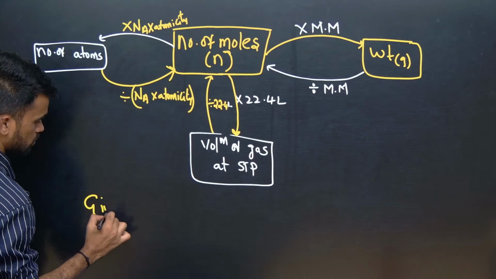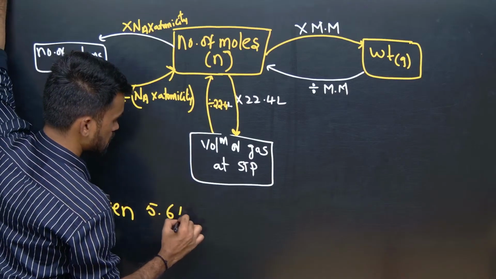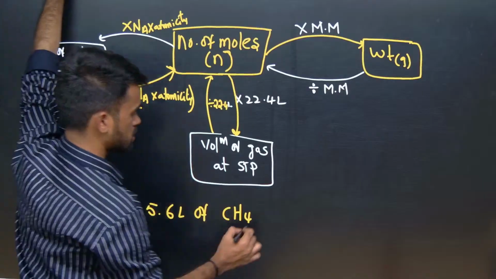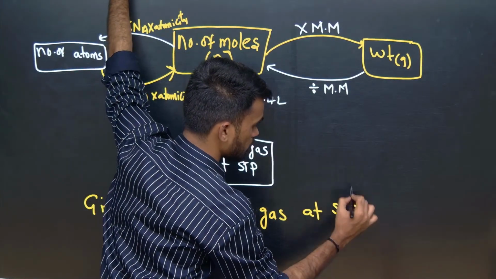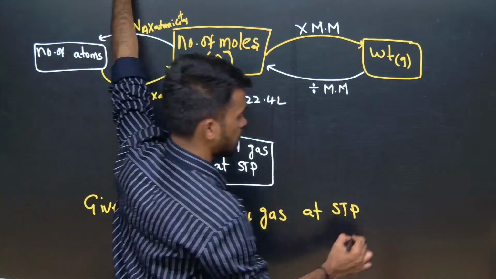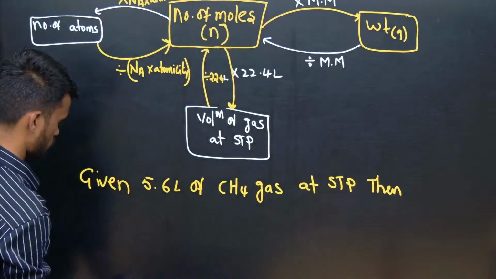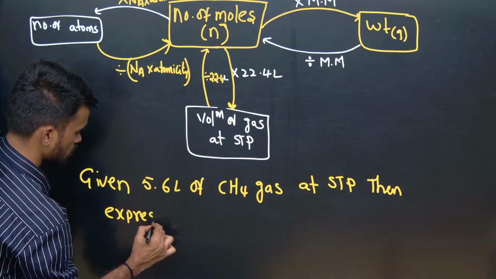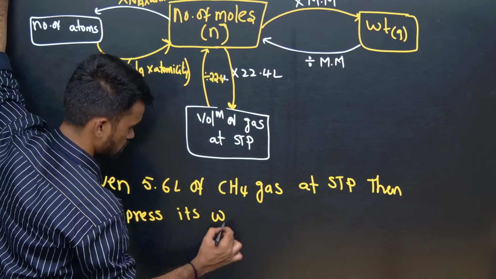Given 5.6 liters of methane gas at STP, then express its weight.